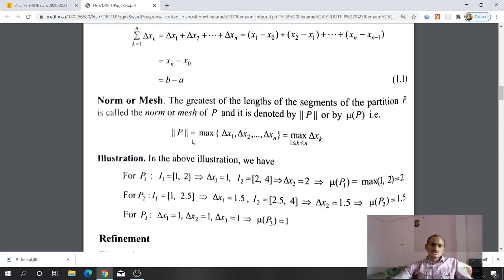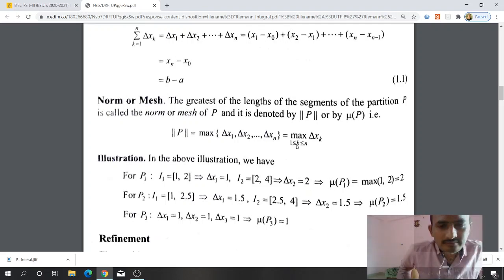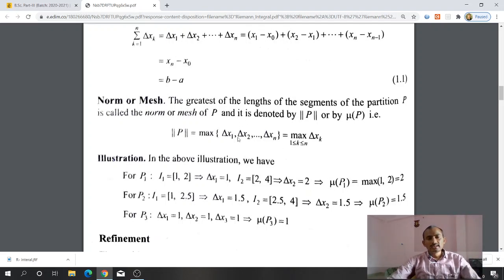In mathematical notation, the norm of P is equal to the maximum of delta x1, delta x2, and so on up to delta xn. Delta x1 is the length of I1, delta x2 is the length of the second interval I2, and so on.